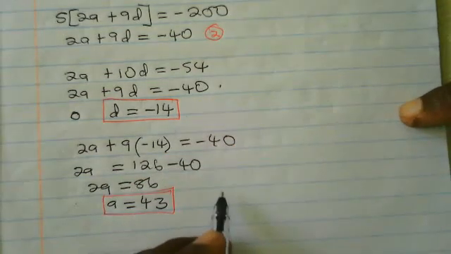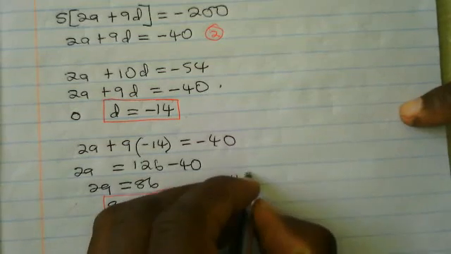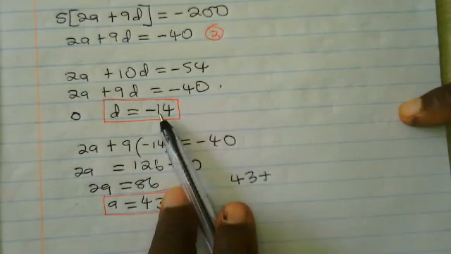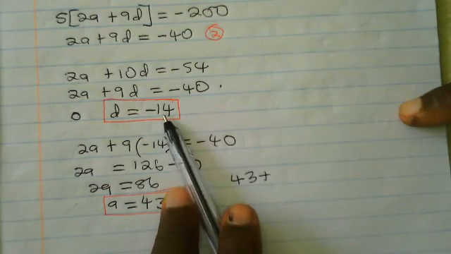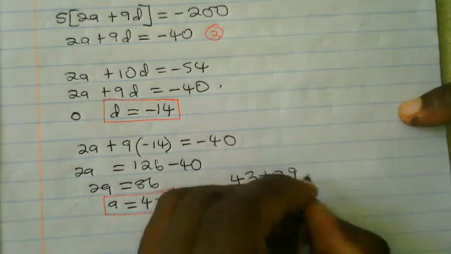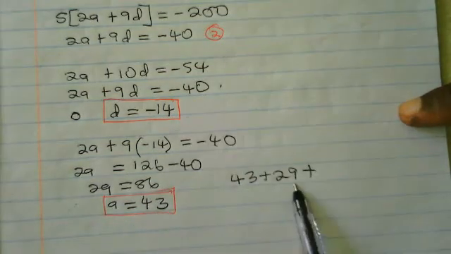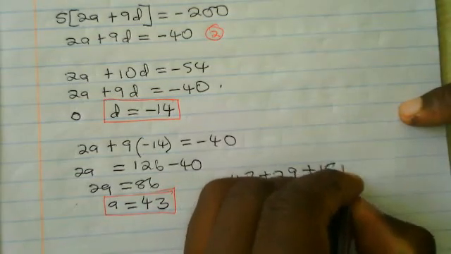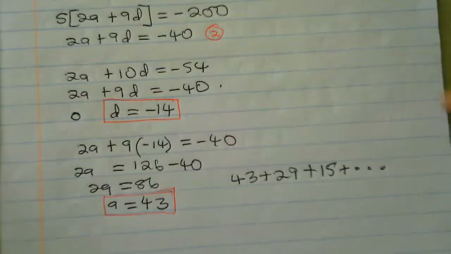So the first term there is your 43, and then 43 plus a negative 14, we get 29, and then that 29 plus a negative 14, once again we get 15, and then this is the series that we were supposed to determine. So we have used simultaneous equations in arithmetic series to determine the three terms.